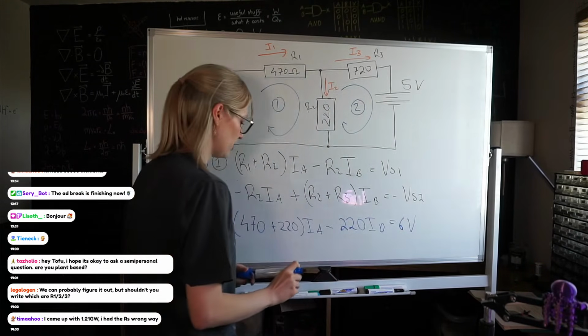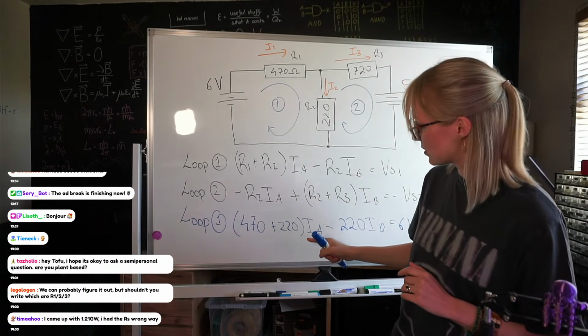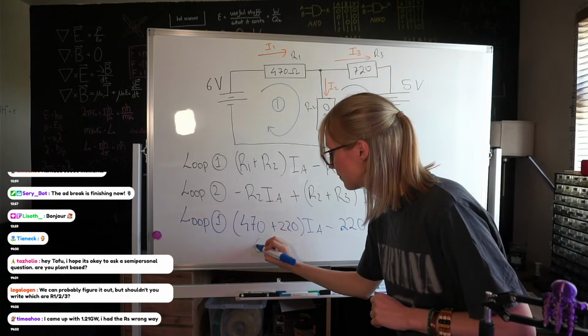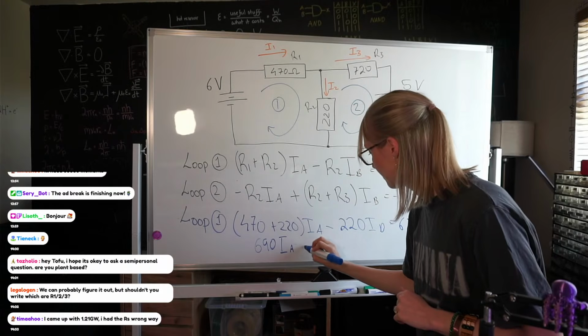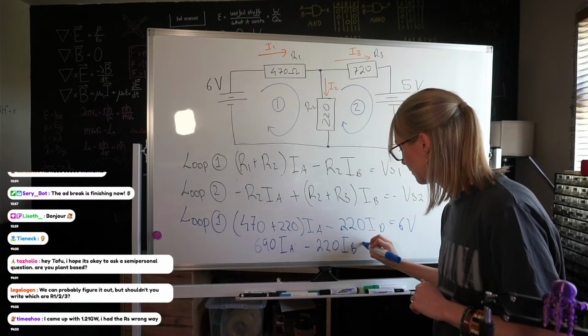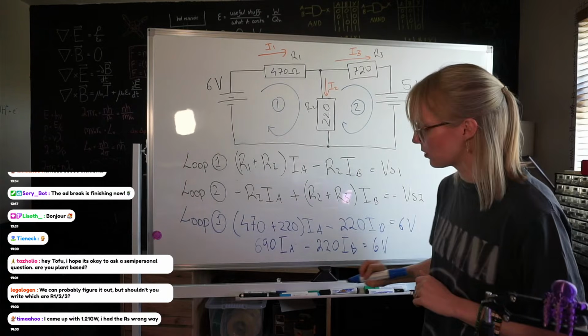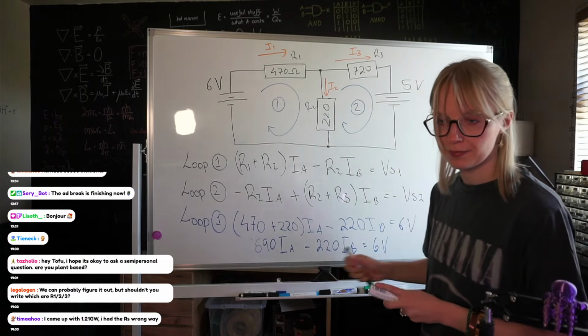Okay. We can do a bit of sums, a bit of maths here. That becomes 690. There we go. We have one simultaneous equation cleaned up.